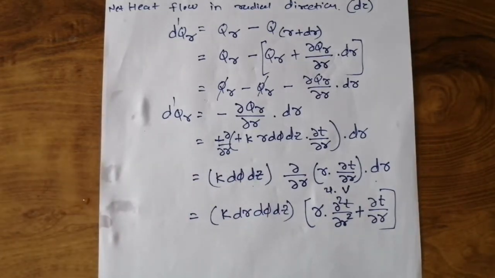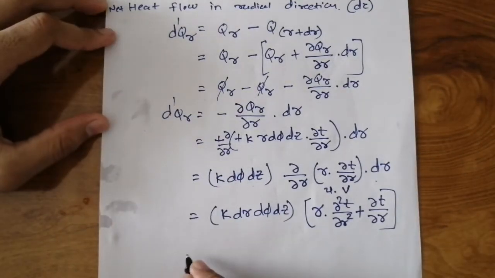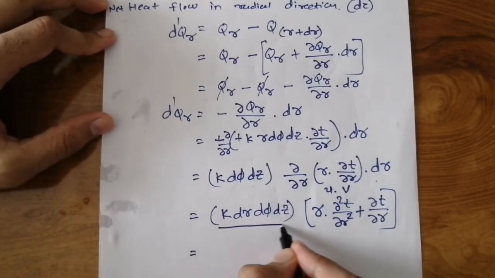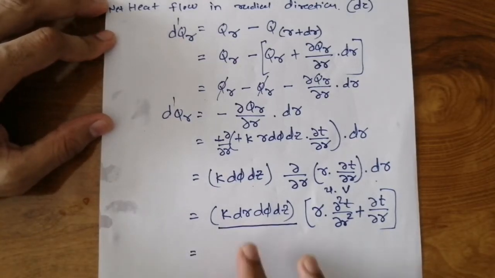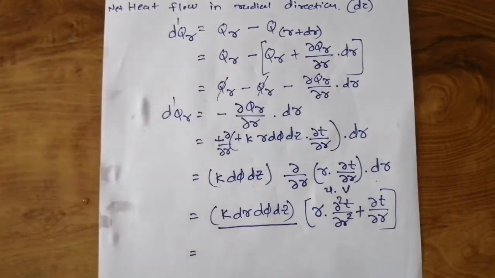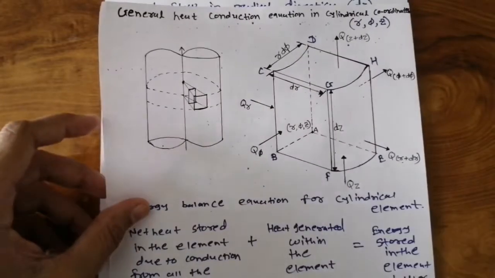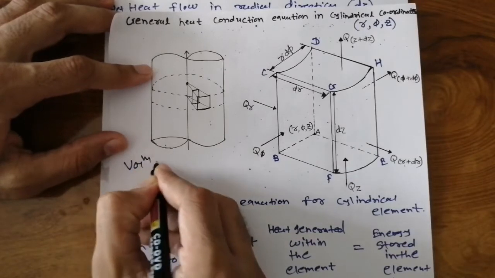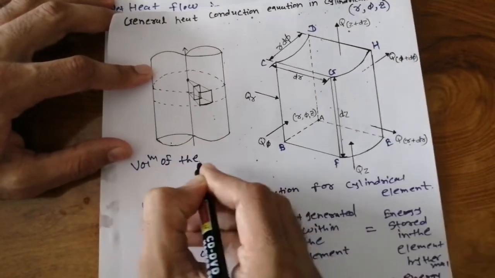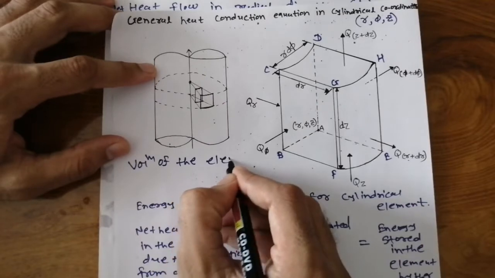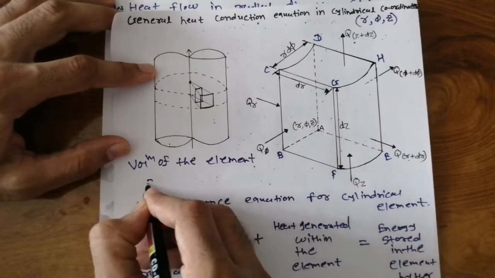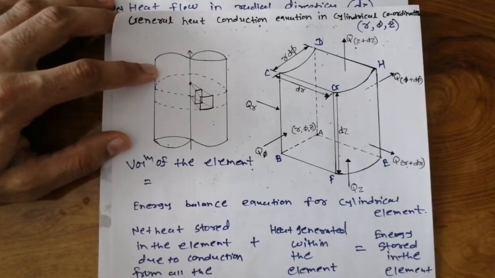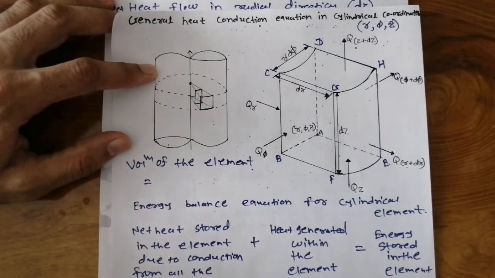Okay. Now in this equation we need the volume of the element. We require the volume of the element, so we first write down what the volume of the element is. What will be the volume of the element? In each direction the thickness will be considered.